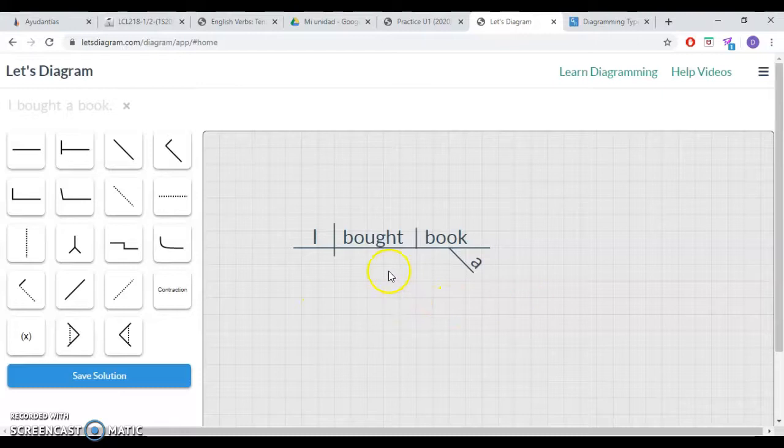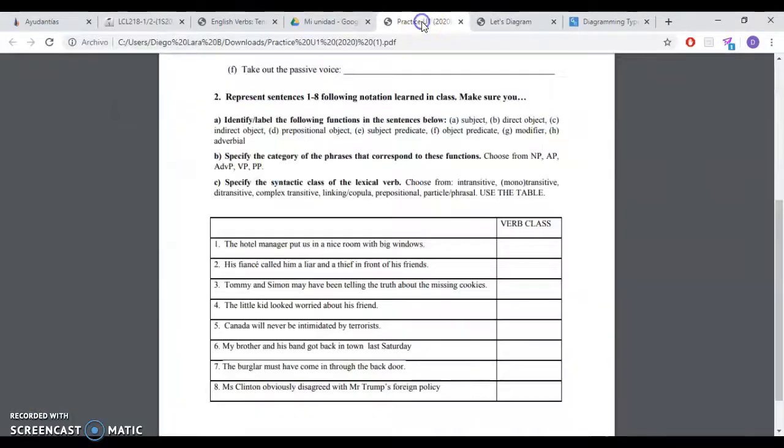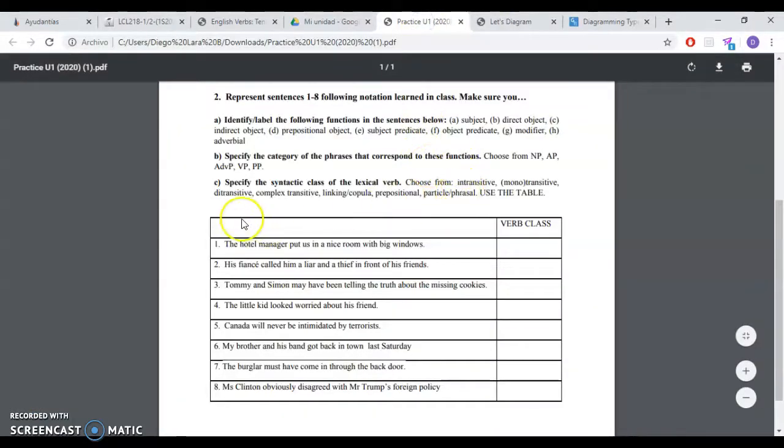You can practice adding more subjects. For example, my sister and I bought a book. My family bought a house. You can play with the elements in the sentence, okay? Now we're going to move to the third class, which are the transitive verbs.